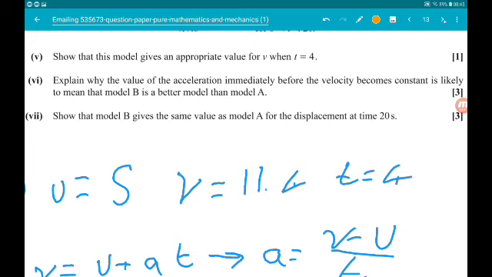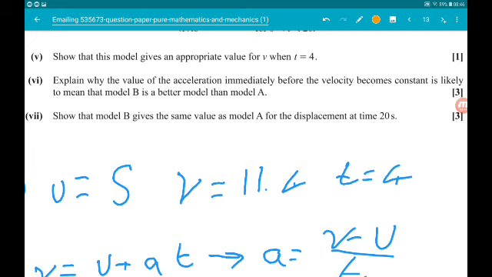Okay, then for part 6, we want to explain why the value of the acceleration immediately before the velocity becomes constant is likely to mean that model B is a better model than model A. So in model A, what was happening is we're going from constant acceleration and then we snap to 0 acceleration, and that is incredibly unlikely to happen.